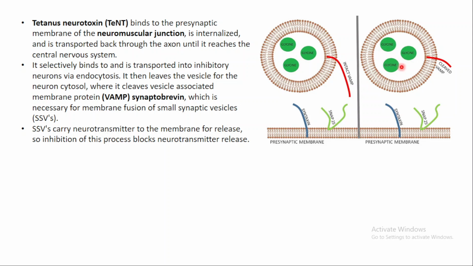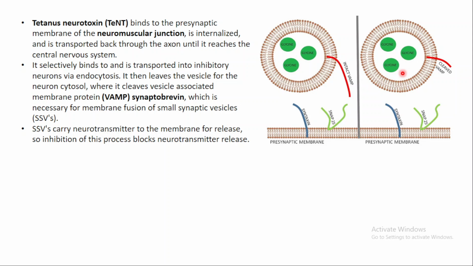These are neurotransmitters which, when released from the neurons, will tell the responding cell to stop whatever its action is. So in the neuromuscular junction, if there is release of glycine and GABA, GABA stands for gamma-aminobutyric acid. These are inhibitory neurotransmitters.